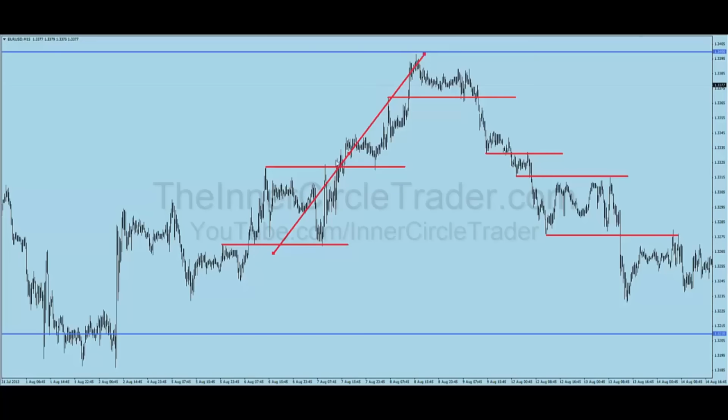This is the second leg here. Now we're not looking for perfect symmetry, but the overall price structure will always be very similar to what you see here. The price moves lower. We have a high down to a low.